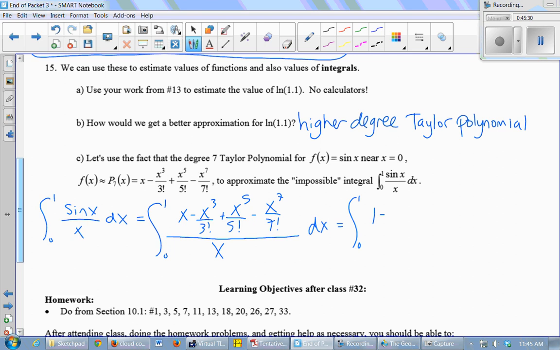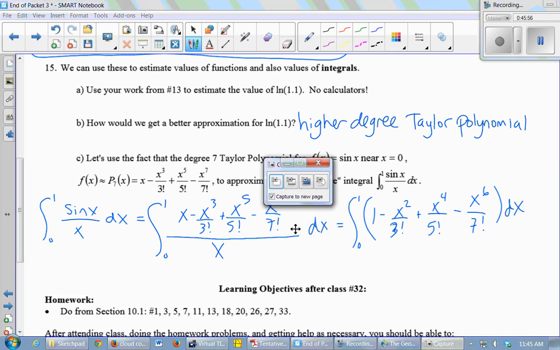So I'm going to have 1 minus x squared over 3 factorial plus x to the 4th over 5 factorial minus x to the 6th over 7 factorial. And now this is so easy to integrate, right? This is just the power rule 4 times. And I'm out of room, so I'm going to do it on another page.